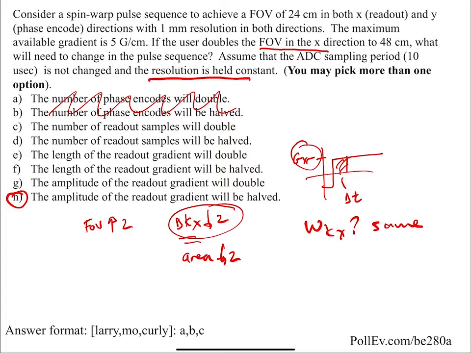Do I have to have more readout samples? Yes, I have to have double the number of readout samples, right? Because I have to cover the same distance, but my step size is only half. So E must be true. Okay. Delta t is constant, right? So if I'm taking double the number of steps, what must be true about the length of that readout gradient? Must double, right? So that must also be true.